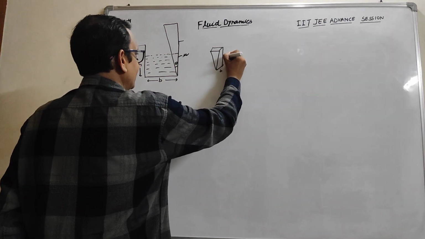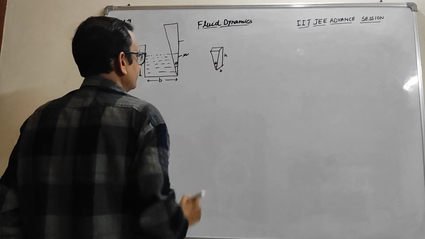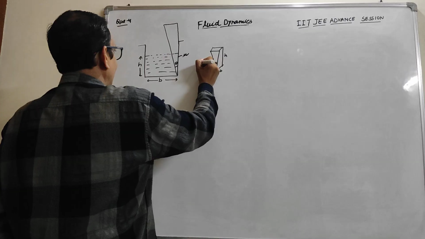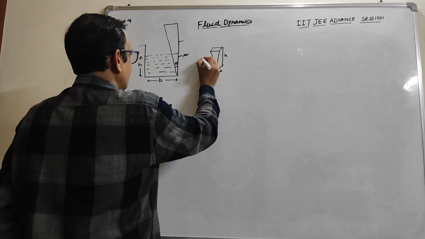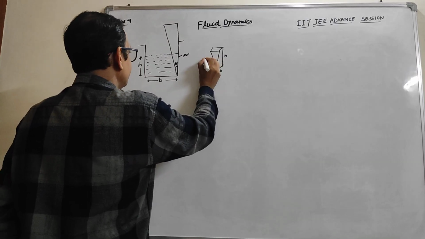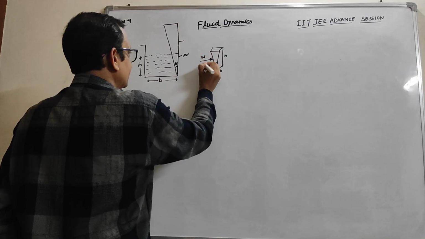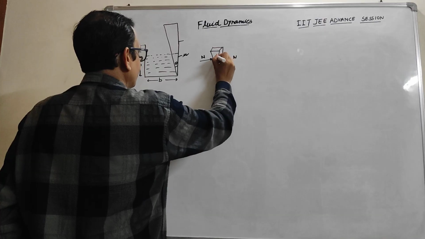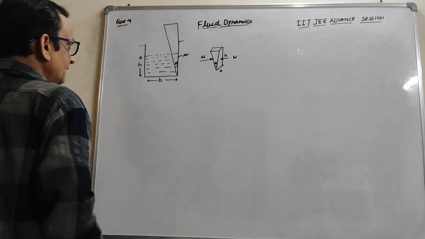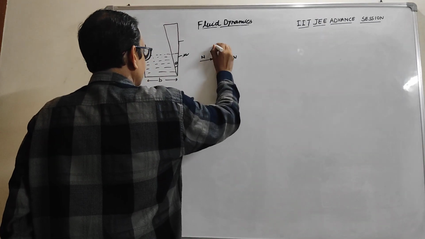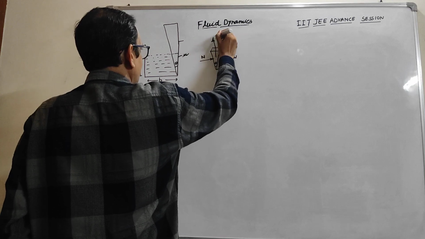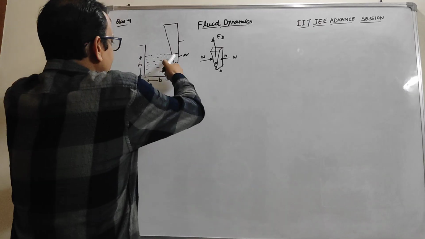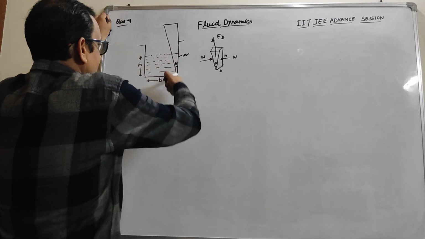This height is h, this angle is theta. So here the forces are acting: the force by the water on the block, there is normal reaction N, and here also normal reaction, and buoyant force FB acting upward on this block.